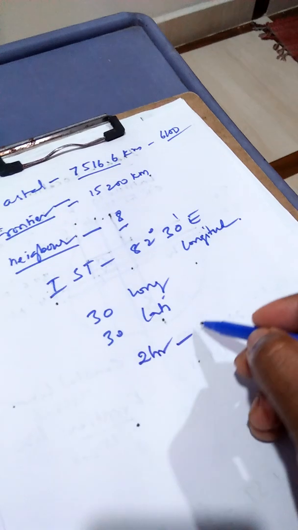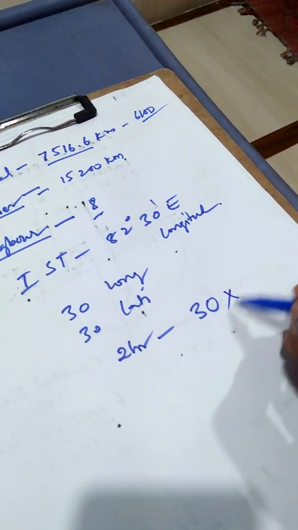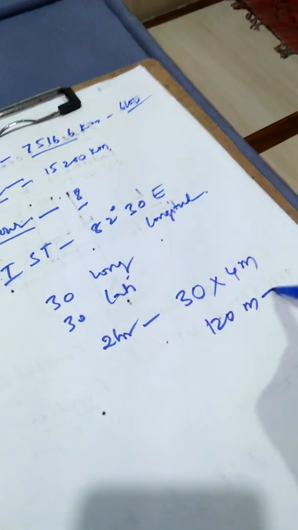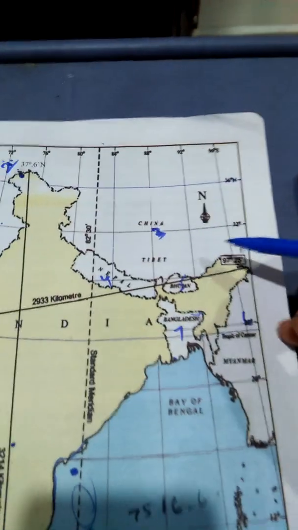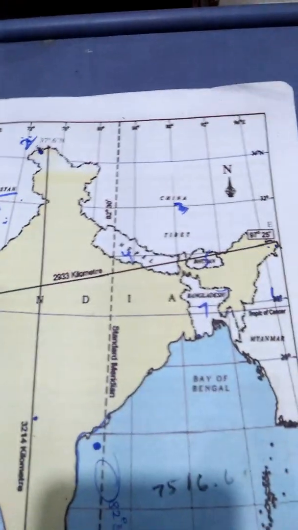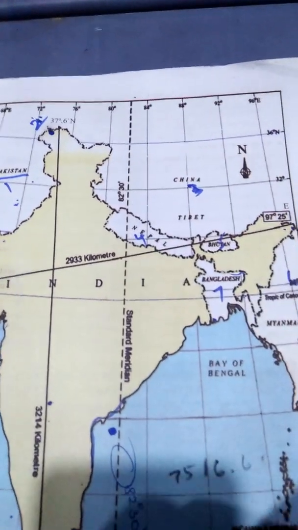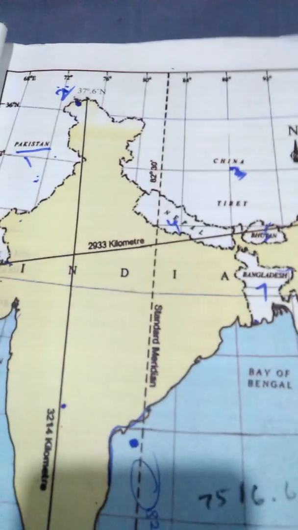Because there are 30 longitudes there, and each longitude is 4 minutes. So 120 minutes means 2 hours. To avoid time confusion, we take the middle one as our standard time, Indian Standard Time, that is 82 degree 30 minute eastern longitude.